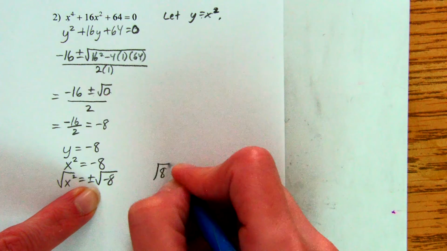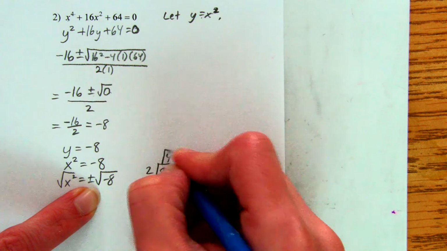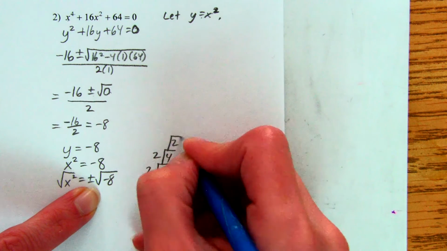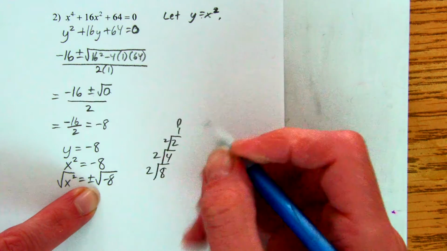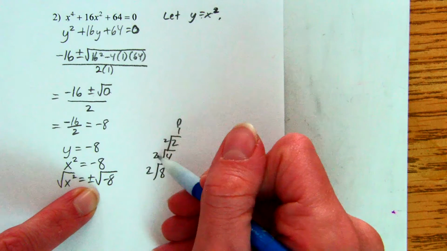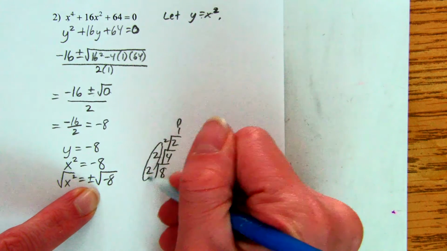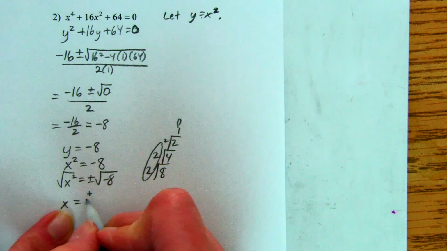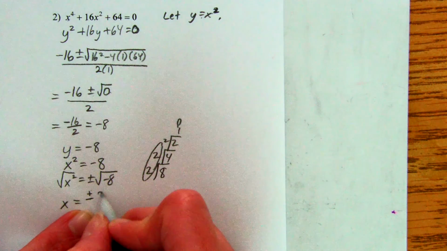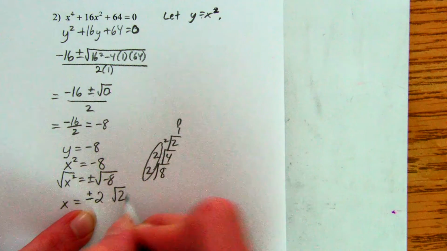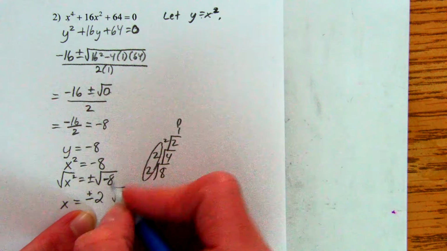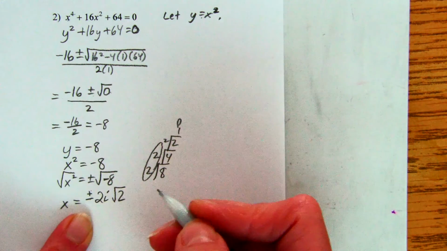So 8 divided by 2 is 4, divided by 2 is 2, divided by 2 is 1. So we just did the prime factorization. It's 2 times 2 times 2. I can take a couple of those to make 2 squared, which means this is plus or minus 2 radical 2. And remembering that this is negative, I have to put the i in there.